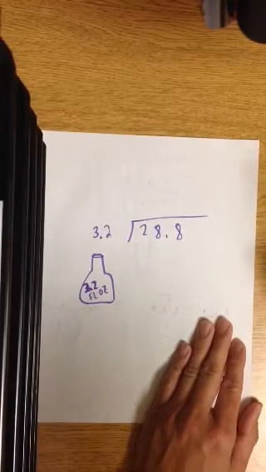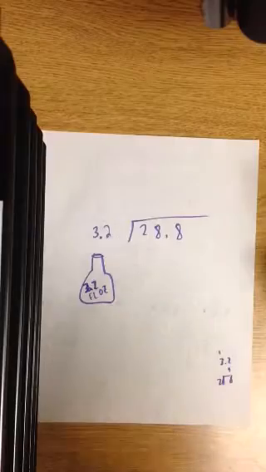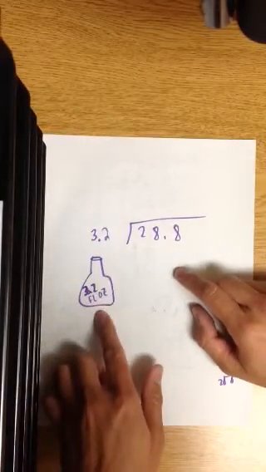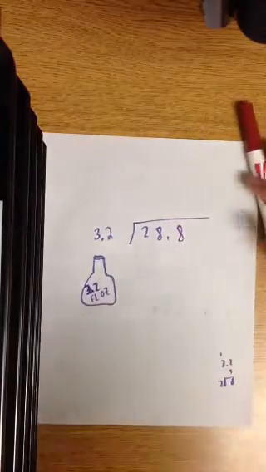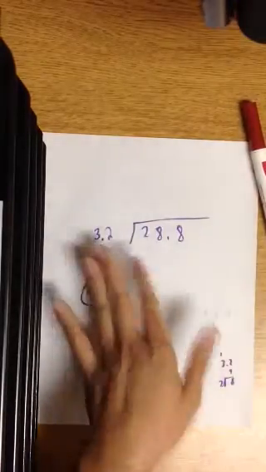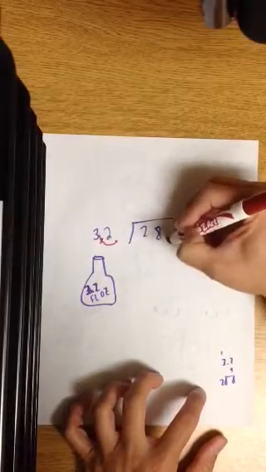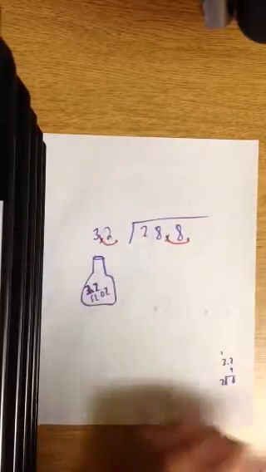How many bottles did you drink that day? So how many 3.2 fluid ounces are in this total that you drank? I need to turn this to a whole number, so I move this one place over, and I move this one place over. Very messy.